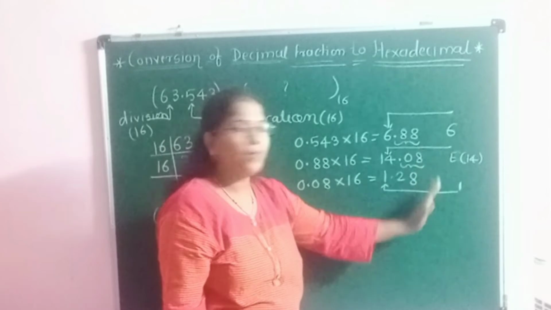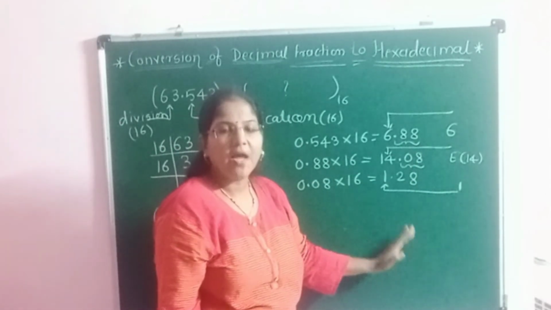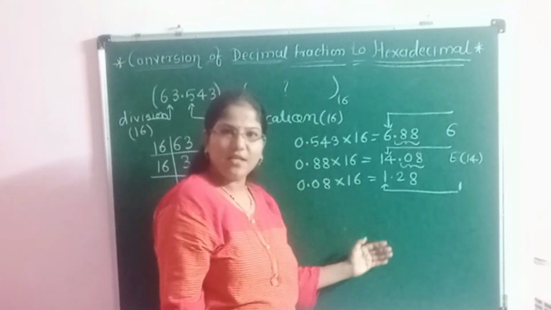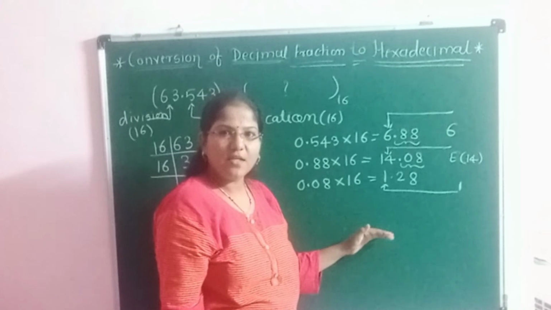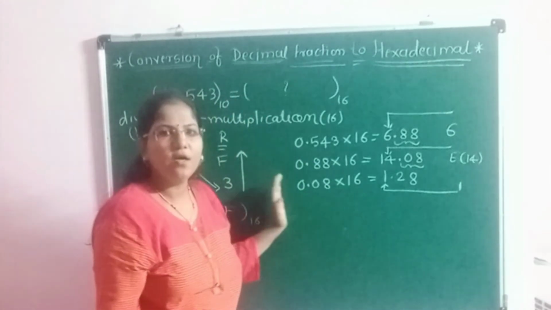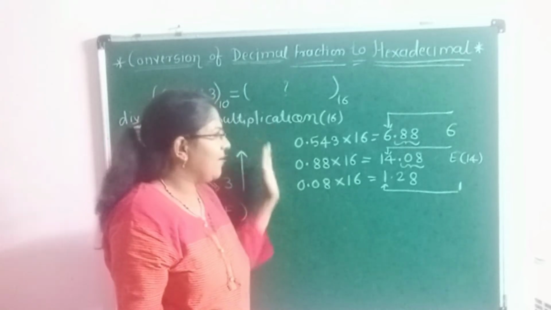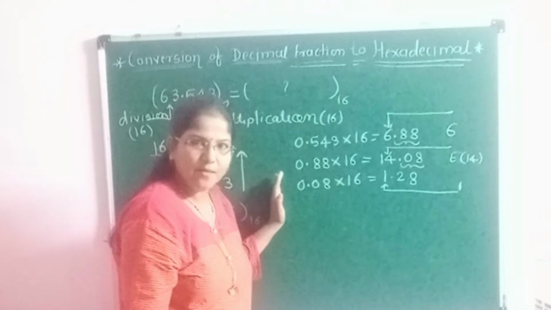That means if the loop is going to repeat again and again, we can stop the process of multiplication. And the third one is, if the first case is not there and the second case is also not there, then in the third case we can stop the process of multiplication after taking 3, 4 or 5 iterations. So here I have taken 3 iterations. Now here I can stop the process of multiplication.